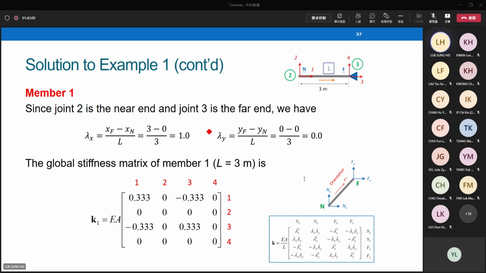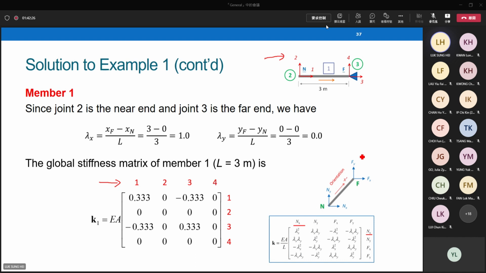Not yet complete. The last part is about the index on the top. In the formula, I showed you nx, ny, fx, fy. What are they? Actually, they are referring to the code numbers that we just defined in the previous part. The first row, first column, the corresponding index is nx. Nx means the near end x direction.